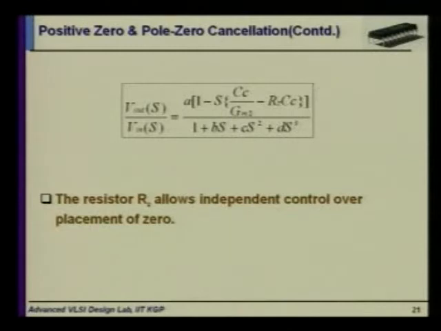So Rz can act two ways: we can place the zero at some frequency far away from the unity gain bandwidth so that it does not affect the phase margin, or else we can strategically place the zero and the third pole at the same position so that none of them can individually affect the circuit.